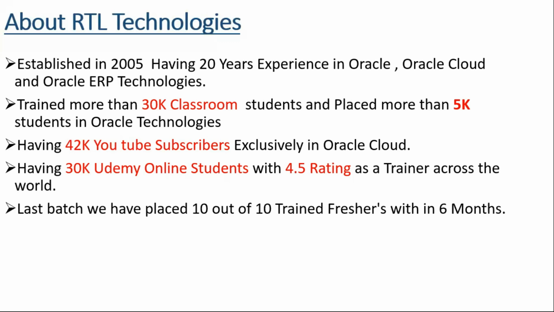In the next 2 years, we want to go for 200 to 300 members every 6 months. That's our plan. So we did 10 in the last batch. This batch we want to go with 20. Next batch we want to go with 50. So down the line, in the next 2 years, our target is to place 200 to 300 freshers every 6 months.